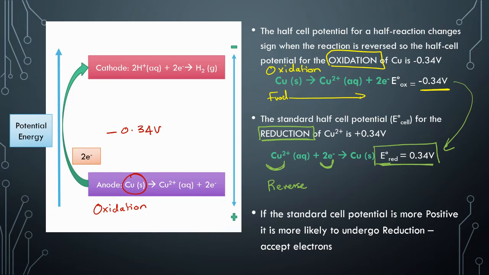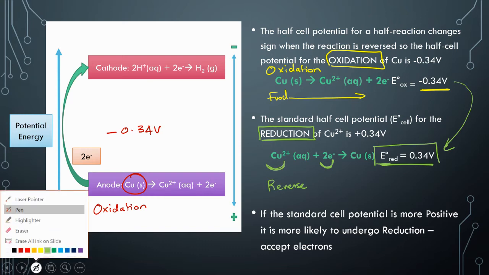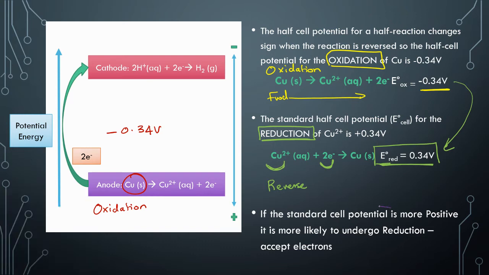Now, the reason that I'm focusing on the signs is because when you get a table, the table will have positive and negative values both. And the table is going to be full of standard cell potentials for reduction equations. If you have a more positive value for your reduction potential, that means you are more likely to accept electrons.